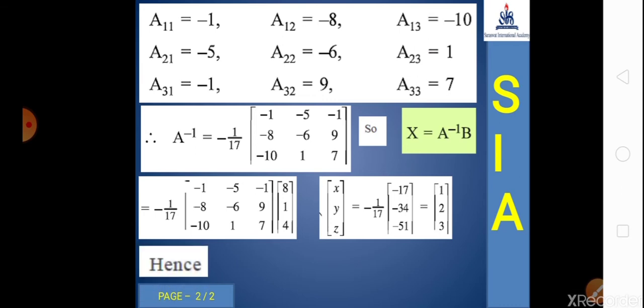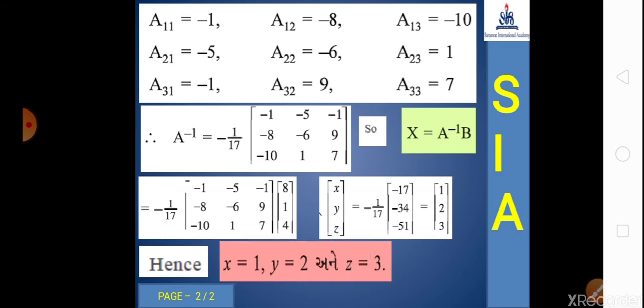Yes students, this answer is ready. X is equal to 1, y is equal to 2 and z is equal to 3. It means the given three lines intersect at one common point, that is x 1, y 2 and z 3.